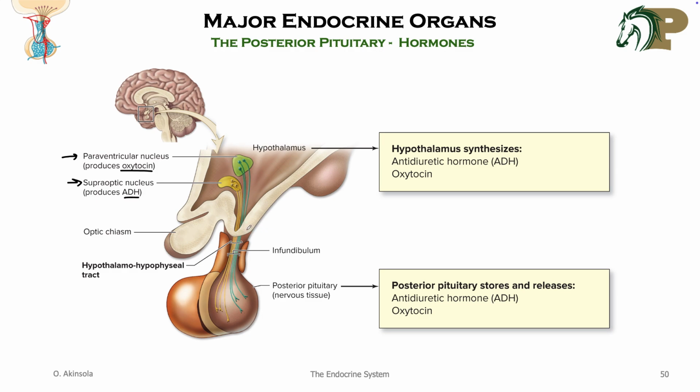As you can see over here, the hypothalamus synthesizes these 2 hormones. The posterior pituitary will store and release those 2 hormones. So again, hypothalamus produces those 2 hormones, posterior pituitary stores and secretes them.